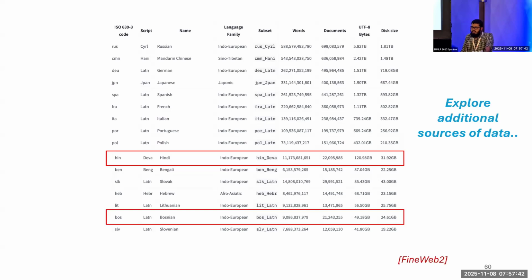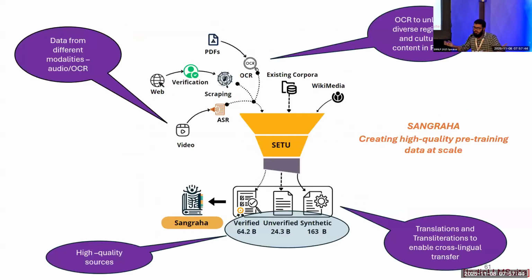As a small case study, this is one of the efforts that I was fortunate to be part of. It's called Indic LLM Suite, wherein we worked on this data called Sangraha, which is creating large pre-training data at scale for Indian languages. And if you see, web is still a large chunk of the data that comes in. But apart from web, we have PDFs and videos. A lot of literature data and other language data is locked in PDFs and books, a lot of which have not even been digitized, and of course a lot of videos.